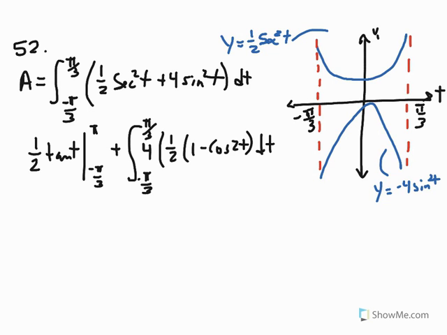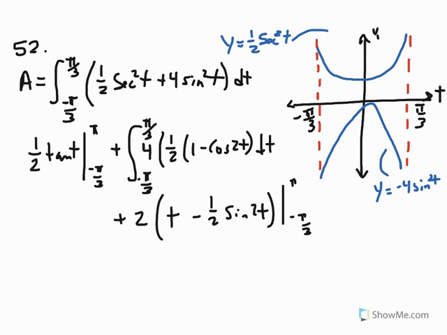So this is going to be +2 times the antiderivative of 1, which is t, and with a little work and maybe some u substitution, the antiderivative of negative cosine 2t is minus 1/2 sine of 2t. And we'll have to evaluate that from -π/3 to π/3.